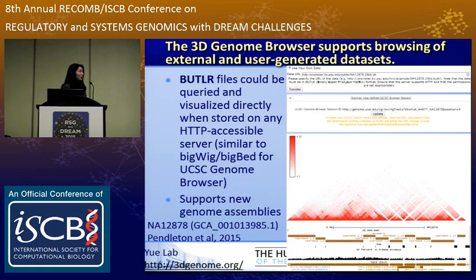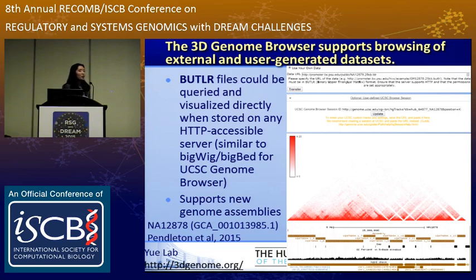So this is the assembly of NA12878 that was constructed by this group here. Just by entering the BUTLR data, as well as the URL for a UCSC Genome Hub that is created directly for this assembly, we could visualize the Hi-C data from new assemblies.